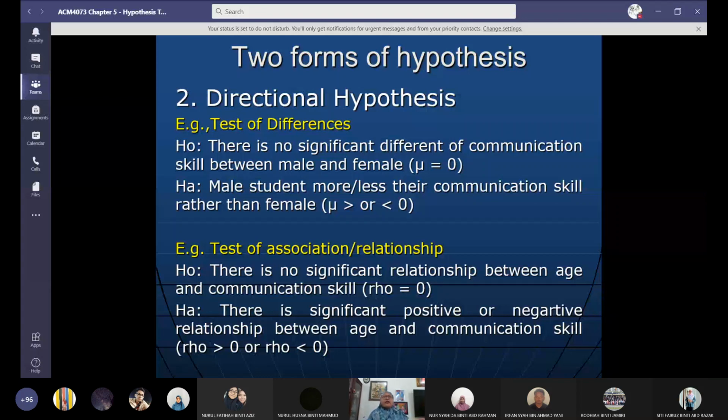Okay, I repeat. If it is negative, as the age increase, the communication skill becomes lower. Good. One up and one down. So that is what negative relationship means.